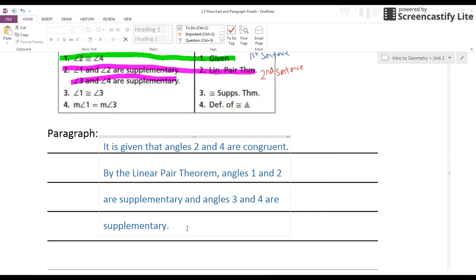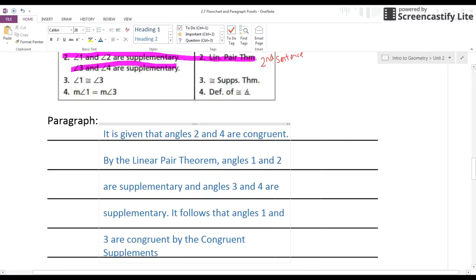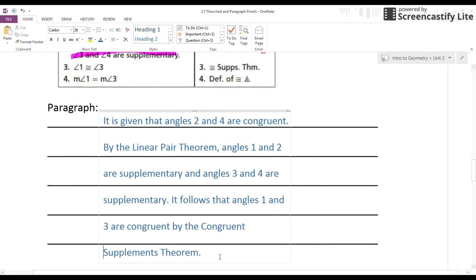Okay. Then I can say it follows that angles 1 and 3 are congruent by the congruent supplement theorem. Space in there. Right, so that's statement 3, reason 3.